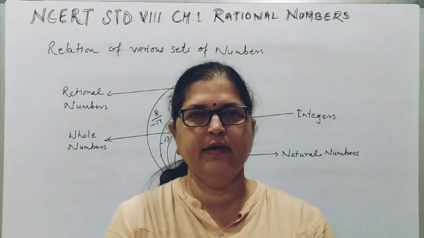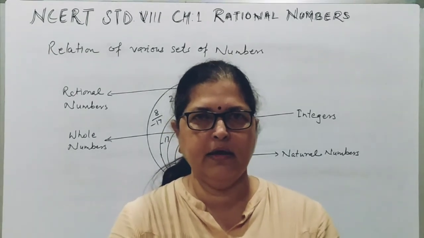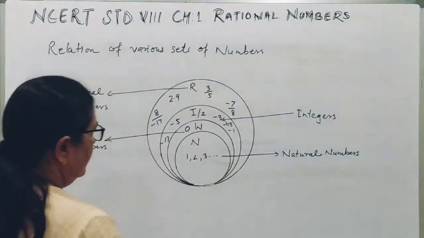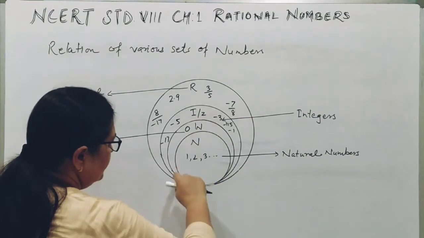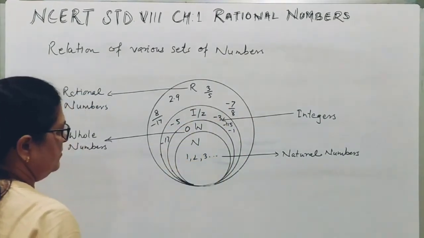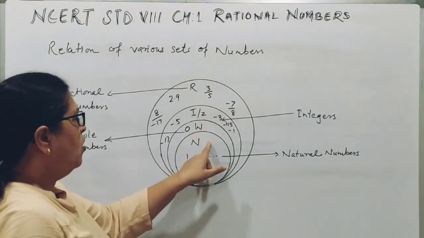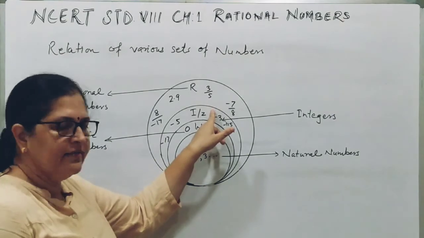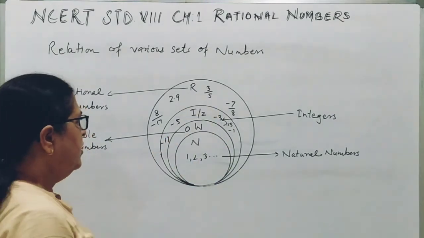We can show the relation between various sets of numbers with the help of a diagram. For example, this set of natural numbers lies within the set of whole numbers, set of integers and set of rational numbers. It means all the natural numbers are whole numbers, all the natural numbers are integers and all the natural numbers are rational numbers also.